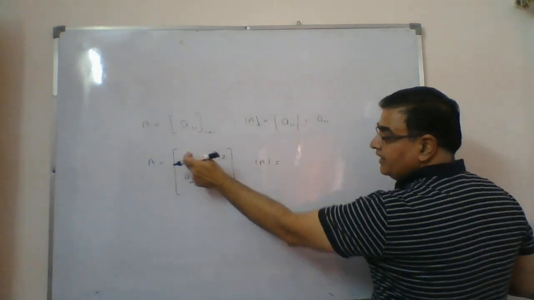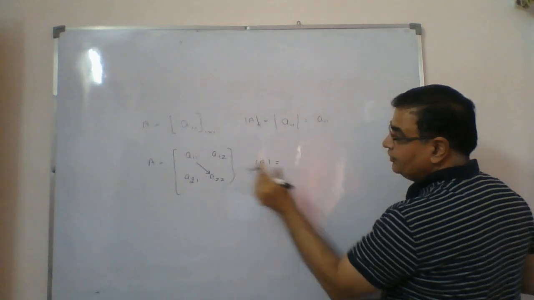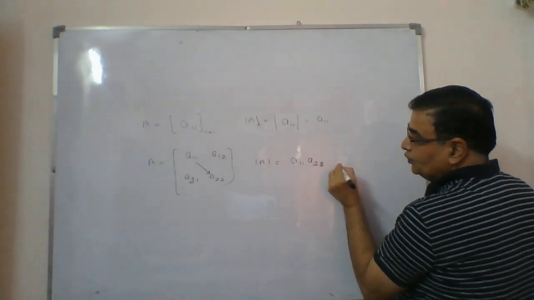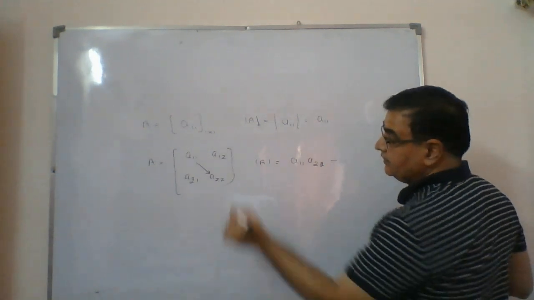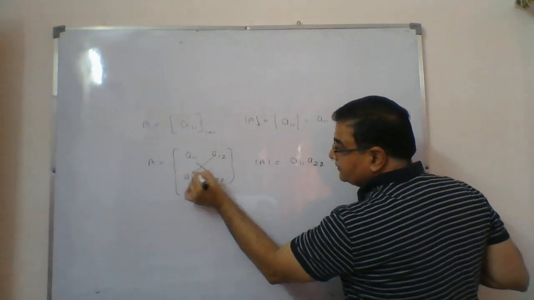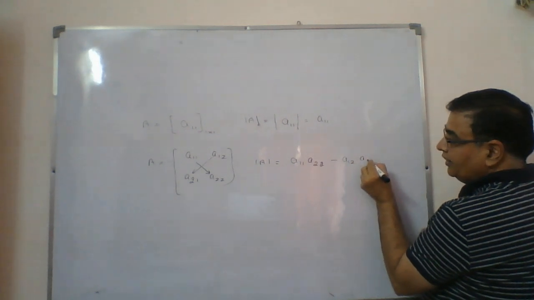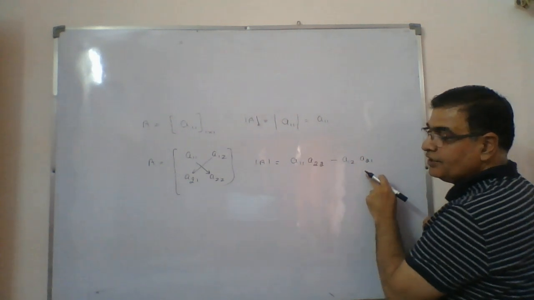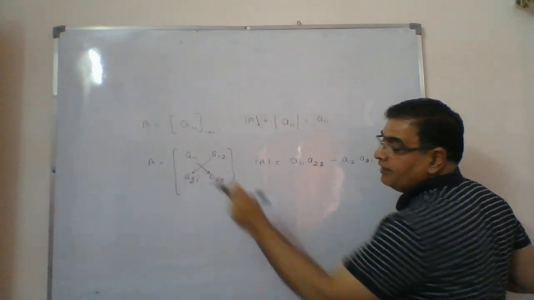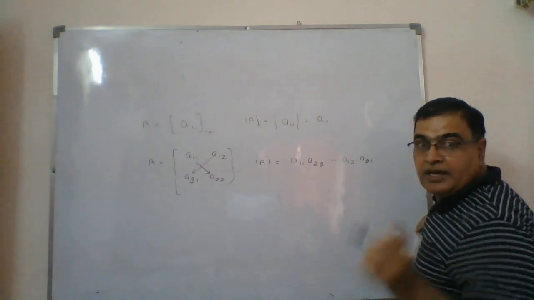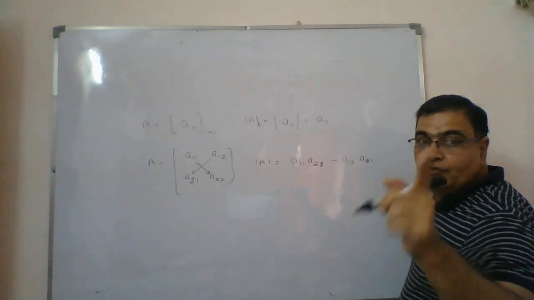That means the first element multiplied with this. So that is A11 into A22, minus the second element, this into this, that is A12 into A21. The difference of these two products gives a number by which this matrix is associated, and it is called the determinant of A.